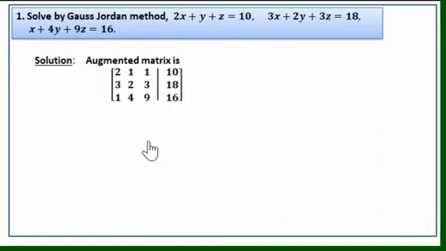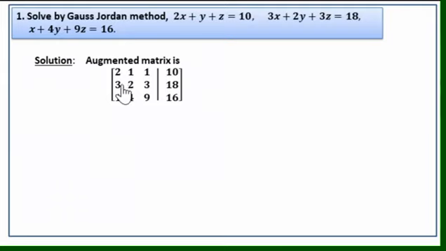So in the first step we make these two elements 0, that is, the elements below the diagonal entry in the first column. So we have to change R2 and R3 using R1.